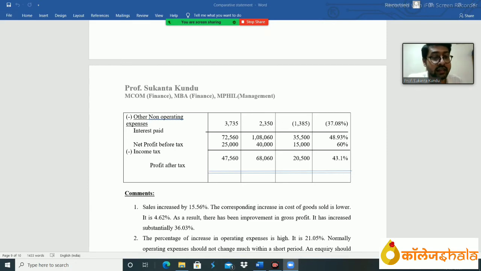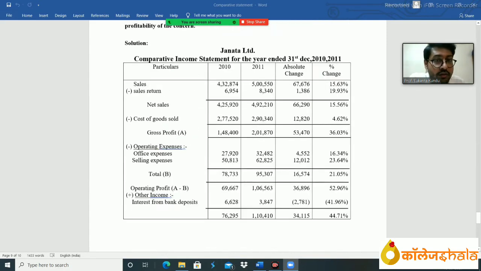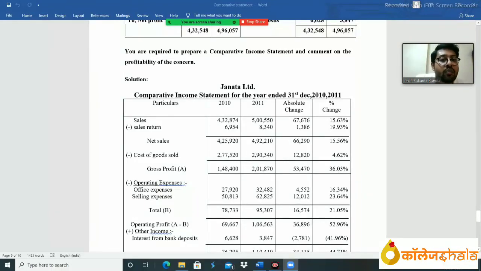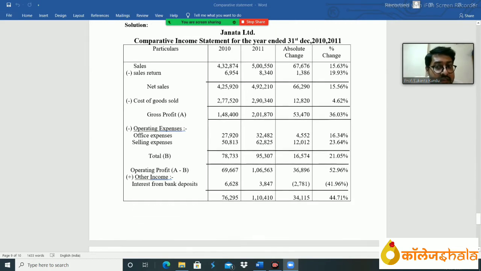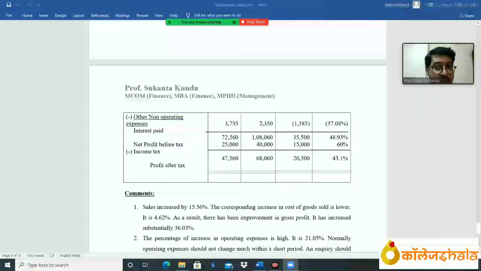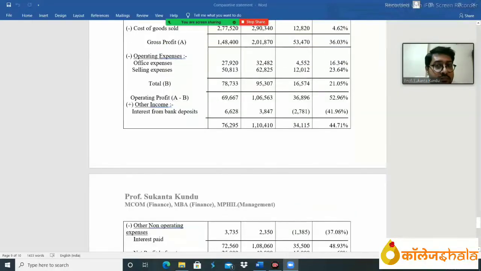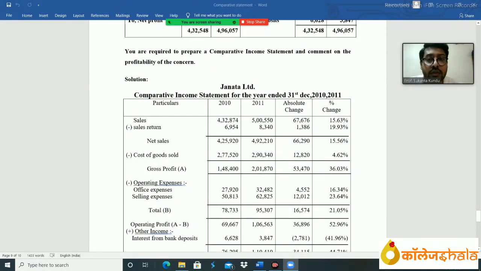Now coming to the second part, that is comment. For the purpose of commenting on profitability, you have to see the net sales figure, the amount of cost of goods sold, the total of operating expenses and profit after tax. So find out whether the amount of net sales has increased or not compared to the previous year.